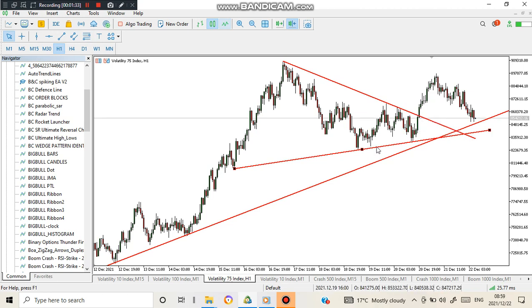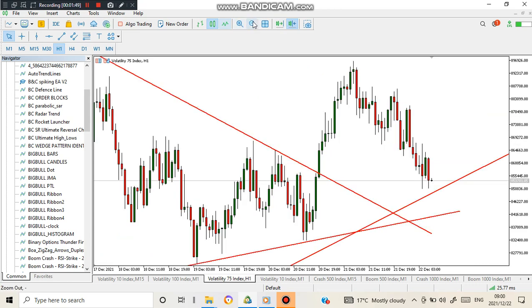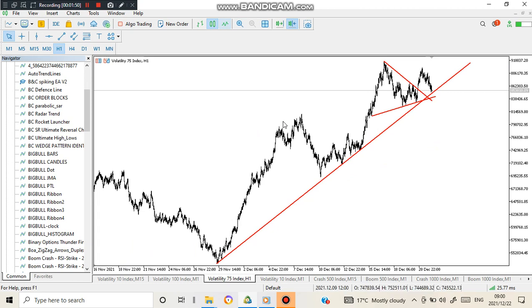Price can come back and retest this trend line over here, but price can also break below this trend line, and then the market is going to go to the downside and maybe come back to retest a support and resistance level.